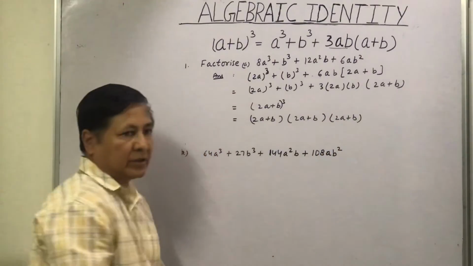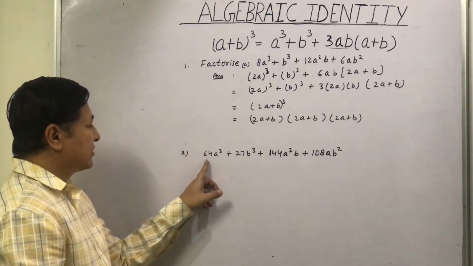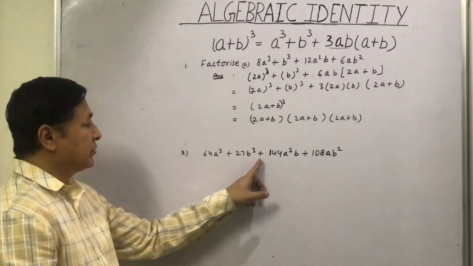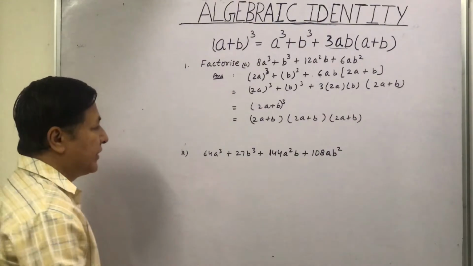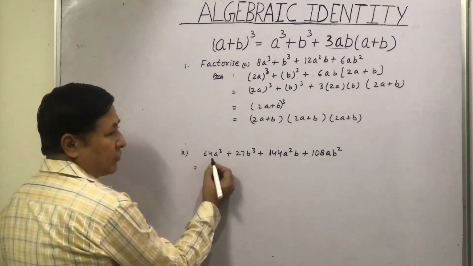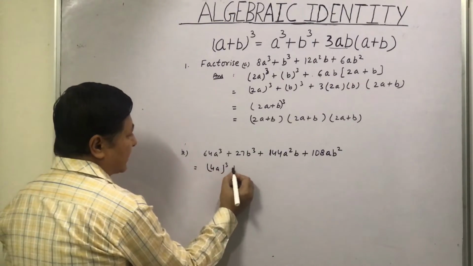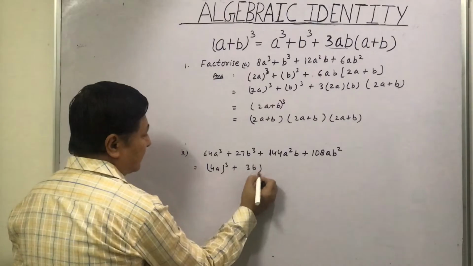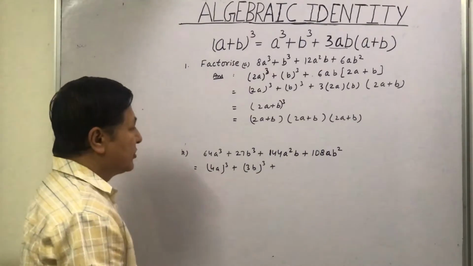Now let us take another example. We will factorize 64a cube plus 27b cube plus 144a square b plus 108ab square. 64a cube is the cube of 4a and 27b cube is the cube of 3b. Now we will take common between these two terms.